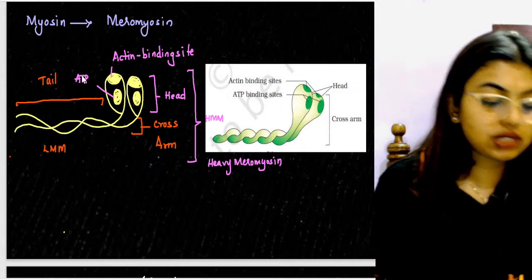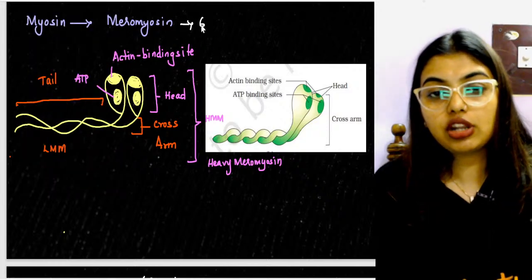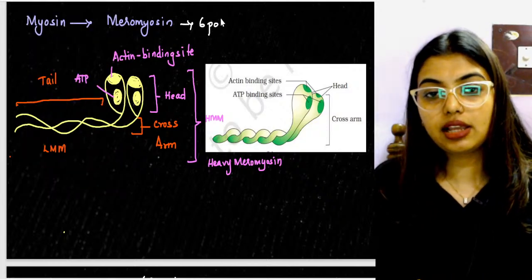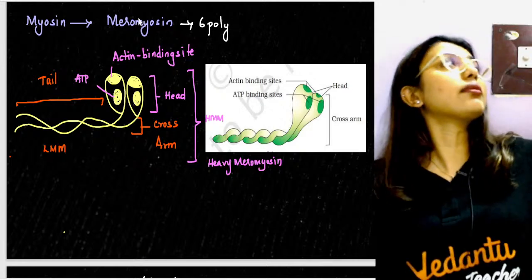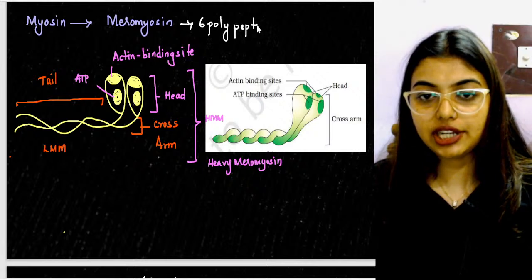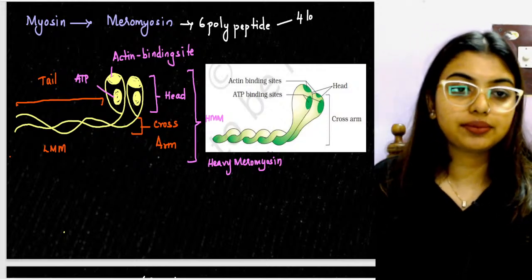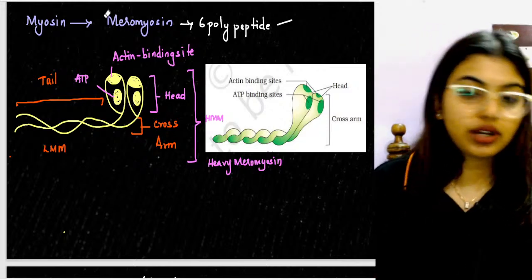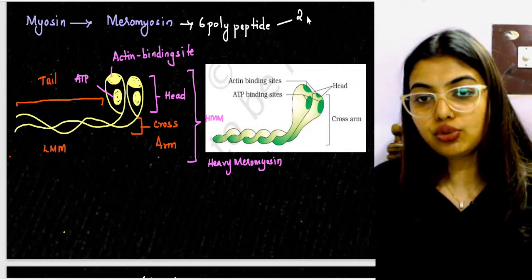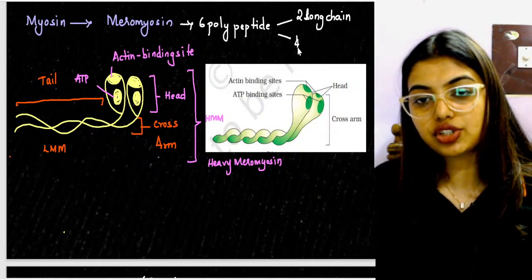Now, if you understood this much, remember that this meromyosin is made up of 6 polypeptide chains. 6 polypeptide chains means 2 long chains and 4 short chains.